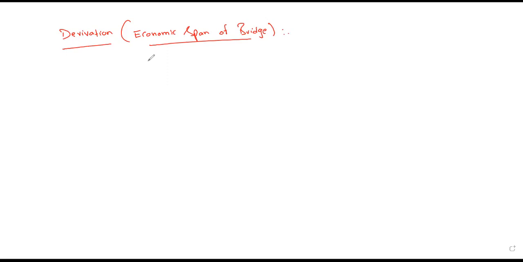Okay, see, for any derivation there will be a few assumptions, right? So let me first list the assumptions for the economical span of the bridge. The first assumption, these are very important: the bridge has equal span lengths.